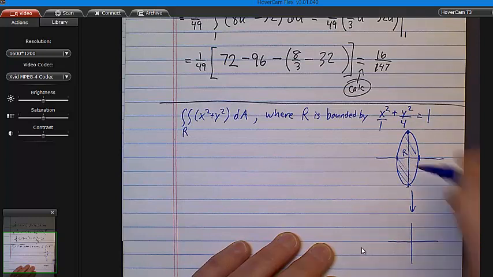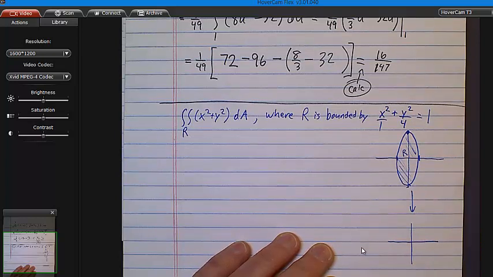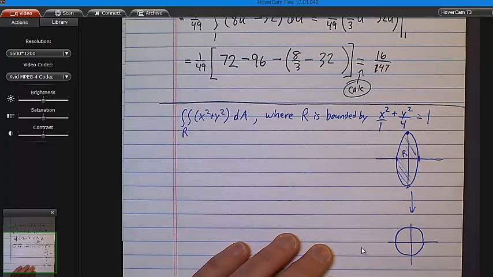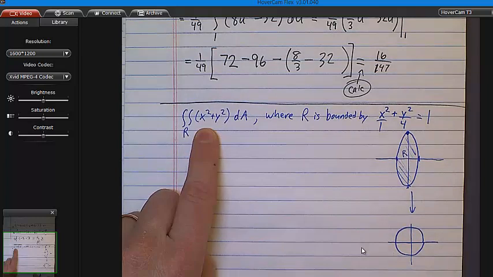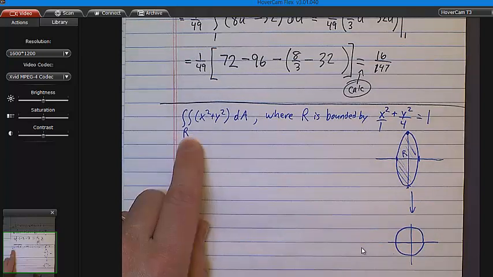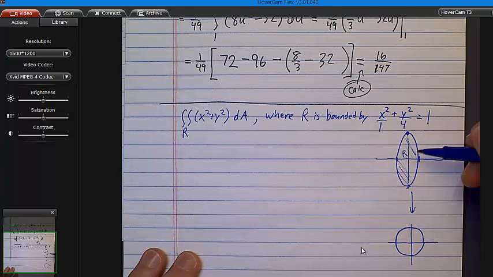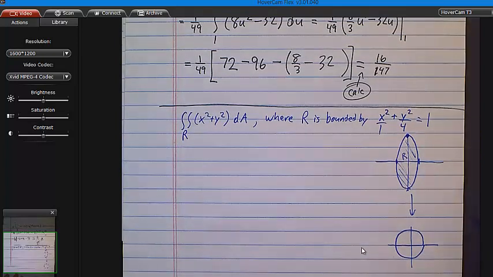I don't really want an ellipse. You know what I want instead? The good old unit circle. Because then, how are we going to integrate it? Polar coordinates are going to save us a lot of time. But polar coordinates for this ellipse, not pretty. Polar coordinates for a circle, beautiful.